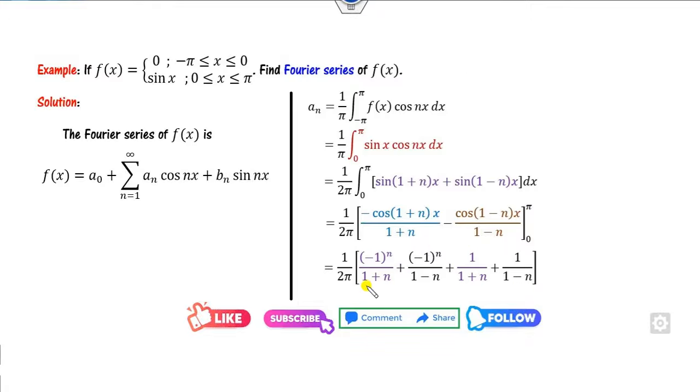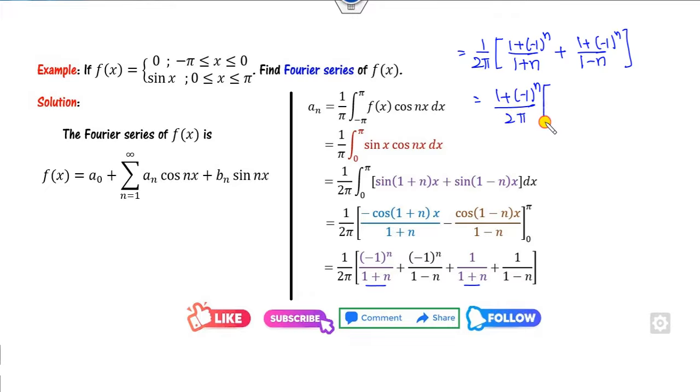Now you can take 1 plus n and 1 minus n as common. Then you can take the LCM, and write 1 plus minus 1 raised to power n as common, with the inside term 1 plus n and 1 minus n.